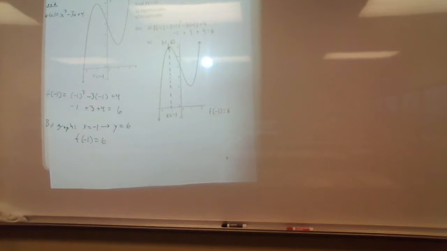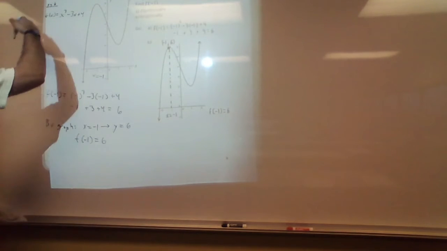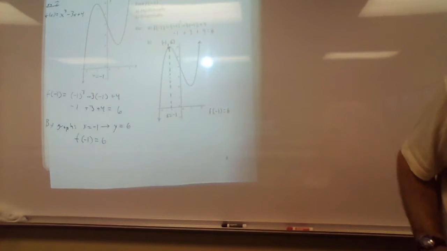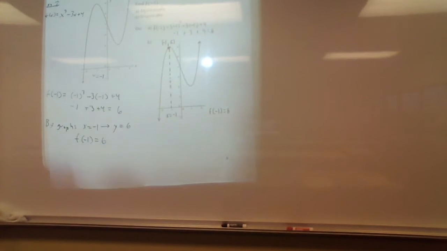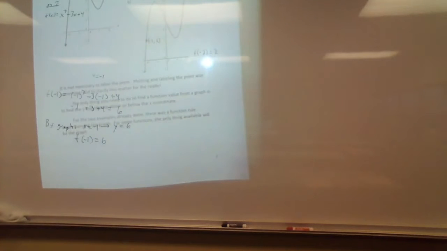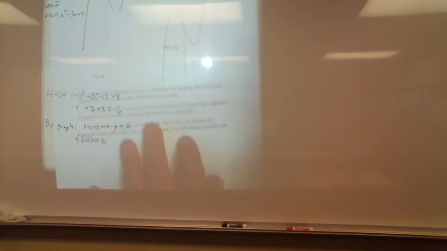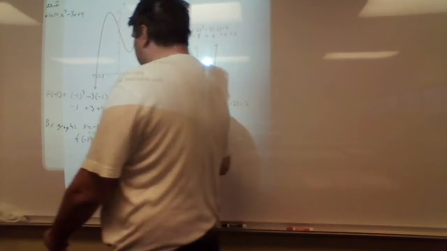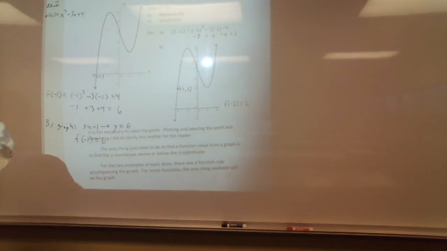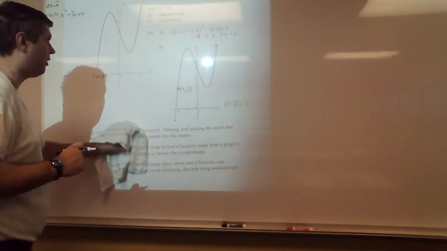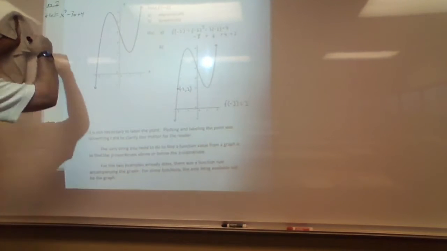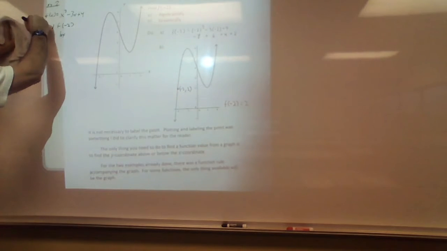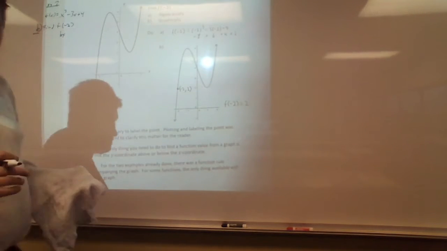All right, I'm going to do the same thing on page 7. I'm keeping the same function. This time I'm going to switch the order around. Find f of -2 by graph. So I'll do B first.